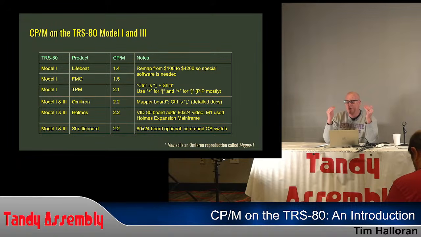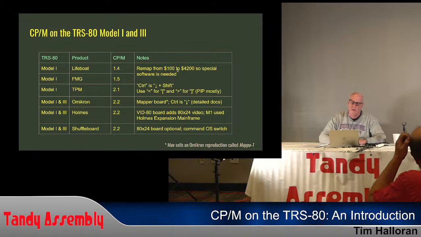However, there are two different flavors of CP/M on the Model 1. These top three are what I'll call remap CP/M. They leave the computer as is and move programs starting at hex 100 to hex 4200. So this means you need special software on these systems.